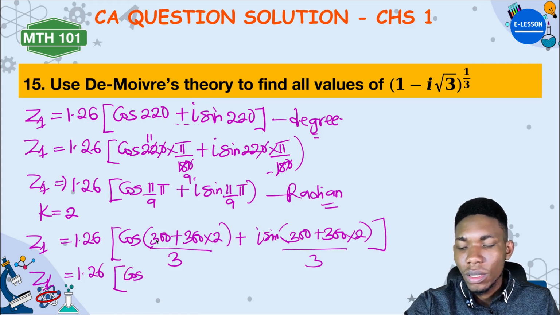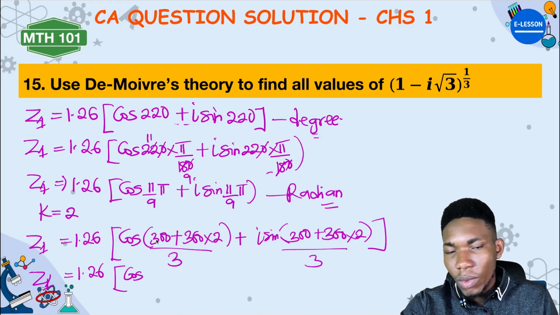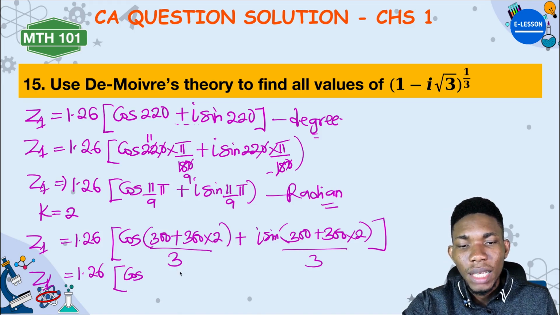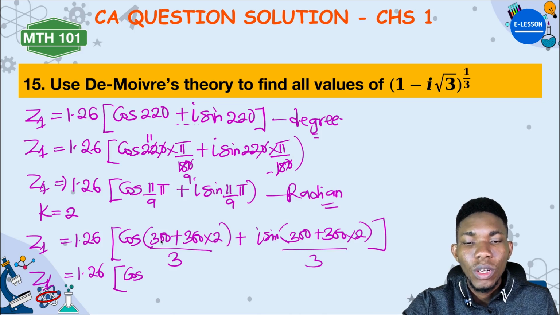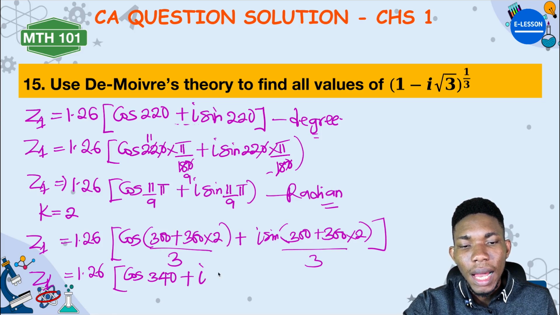Now, when you do this, everything here is going to divide by 3, and this will give us 340, plus I sine 340.